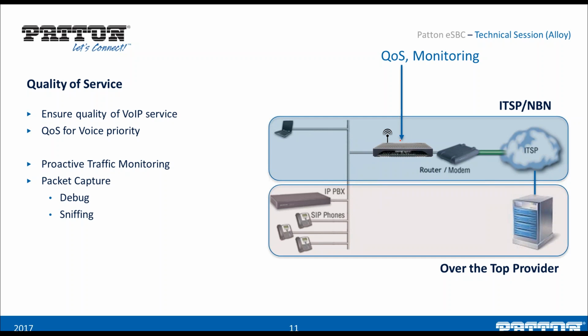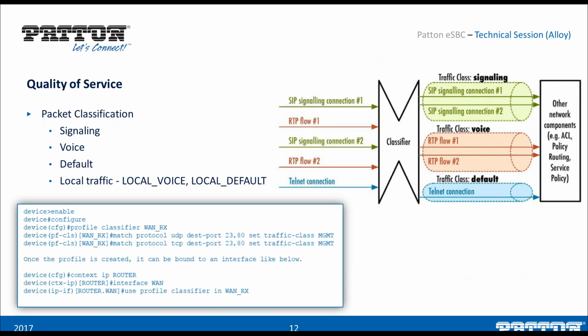Okay, the very first thing which comes here is that you have to classify the traffic. Whenever we do quality of service, we do the packet classification. We check the incoming traffic. We have these classifier profiles. We match the protocol.